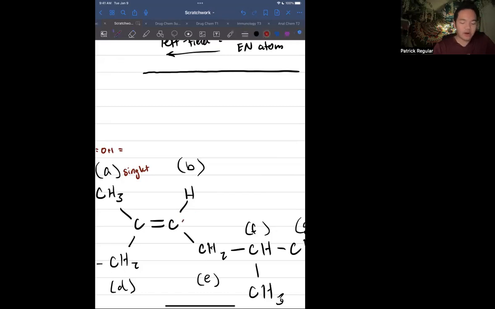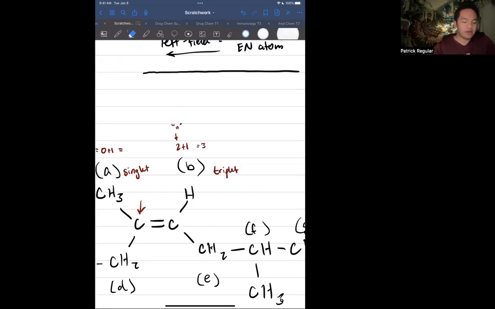If this is our alpha carbon that the hydrogen is connected to, let's look at the adjacent carbons. There's none here, and there's 2 here. So there's 2 adjacent carbons to that alpha carbon, and in total they add up to 2 hydrogens, both coming from the right carbon that I just pointed to. So with a total of 2 adjacent hydrogens, n+1, 2 plus 1, where 2 is n, that would be 3. So this would show up as a triplet.